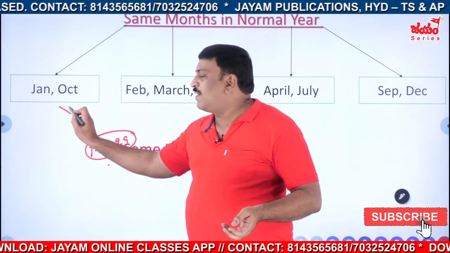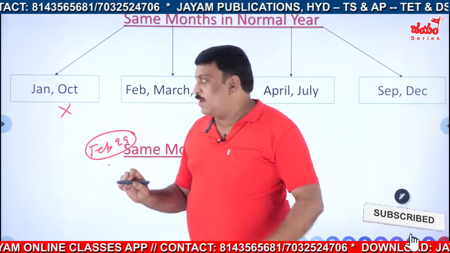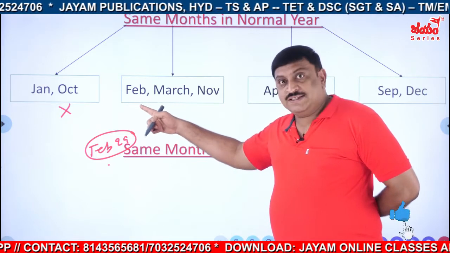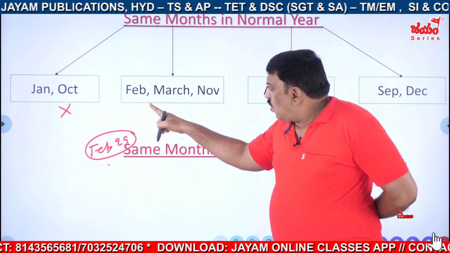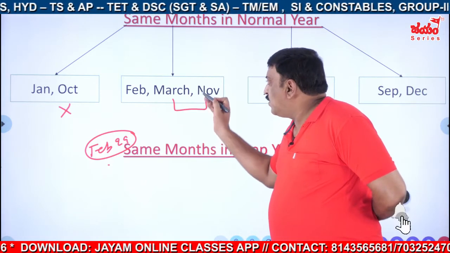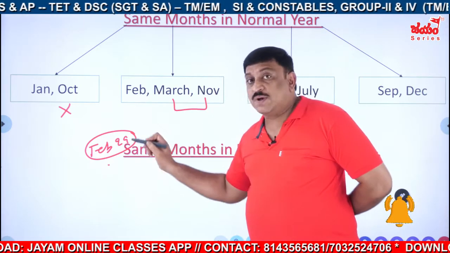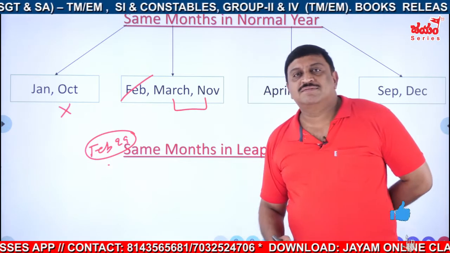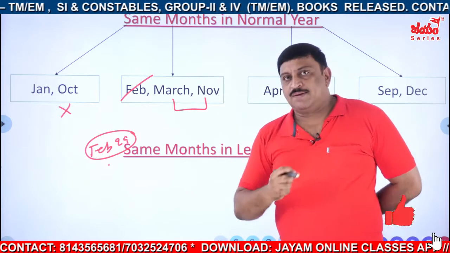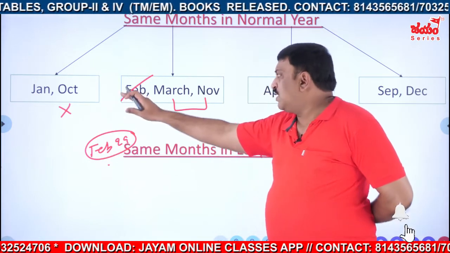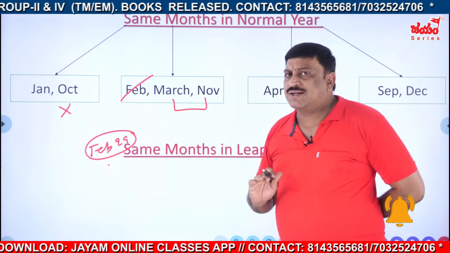So this won't happen. Coming to this one, February. It can't disturb March and November, this combination, because in between it is not there. It is out of this one. So February comes out of this pair. This entire combination comes out, so February won't match with March. Is it not?